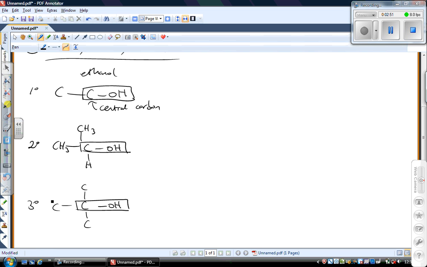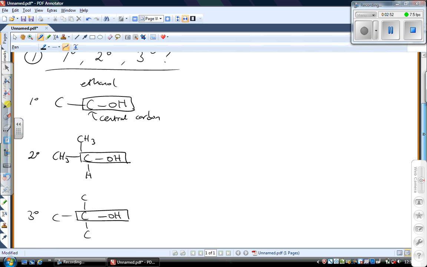Now, how do we distinguish between those three experimentally? Well, it's quite a simple test. We made up what's called Lucas reagent. And Lucas reagent, we made that up using concentrated hydrochloric acid, so safety glasses are very important here. And then we just dissolved zinc chloride powder, ZnCl2 powder, in the concentrated acid, and that made up what's known as Lucas reagent.